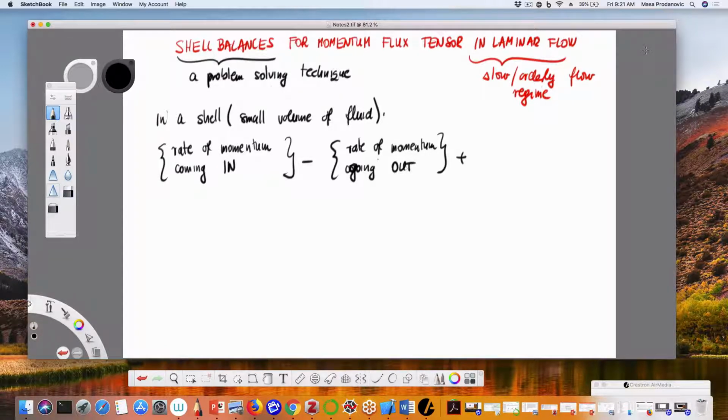We might have some body forces acting on the entire volume. When I'm looking at things going in and out, I'm looking at the boundaries of my shell, so what's coming in and out through the boundaries, literally through the door. But then there might be simply some body forces acting equally on all portions of my shell.